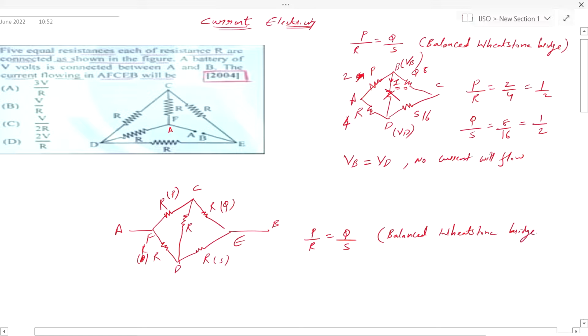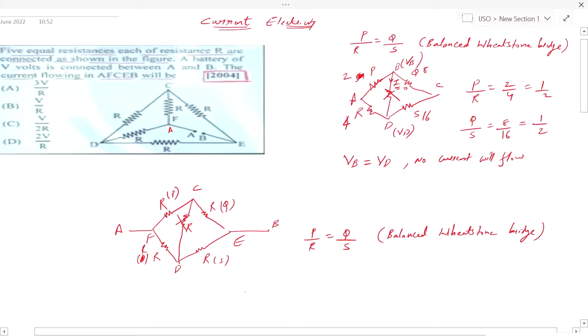Hope this concept is easy. Now no current will flow through this, so we can ignore this resistance. Can you calculate the equivalent resistance between A and B? This is already cancelled.